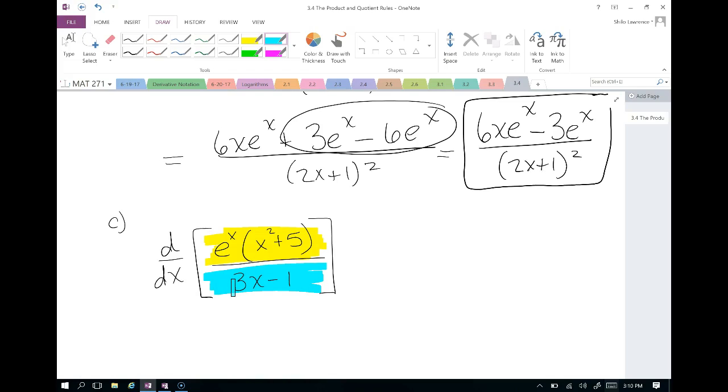Now, in the process of doing the quotient rule, some other things might come up, but we're going to start this problem as a quotient rule problem. So I'm going to say my numerator is f of x. So f of x is e to the x, x squared plus 5. And my denominator is 3x minus 1.